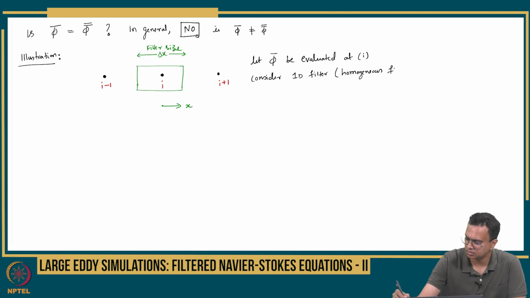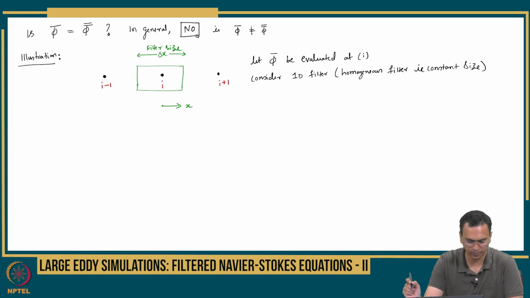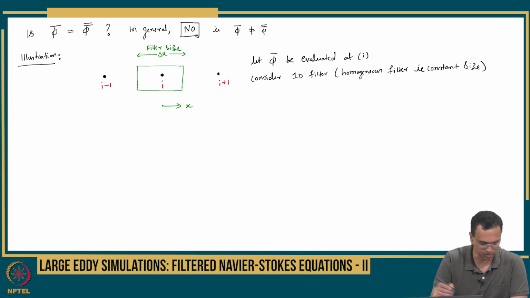That means the filter size is constant, uniform. So phi bar is already evaluated, and I'm going to filter it again.